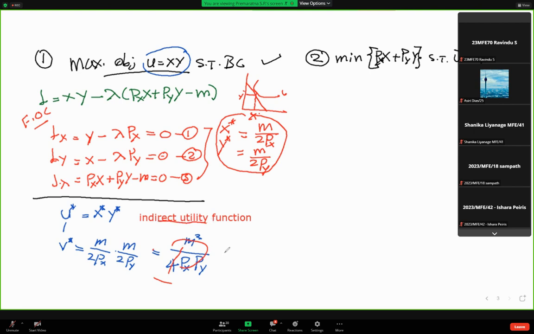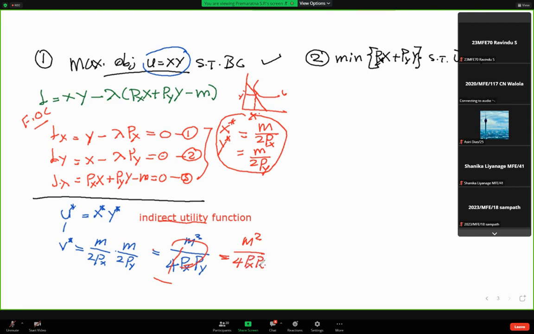Now, our indirect utility function, for example.